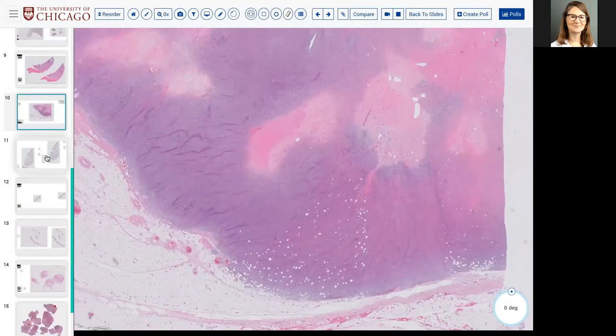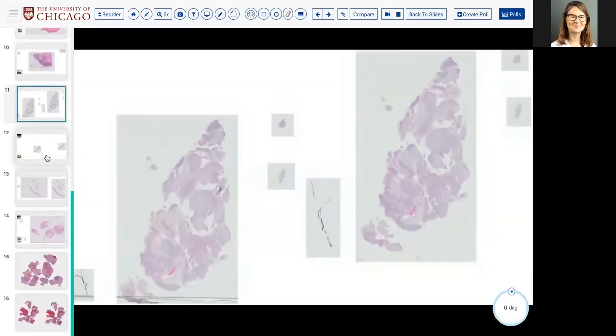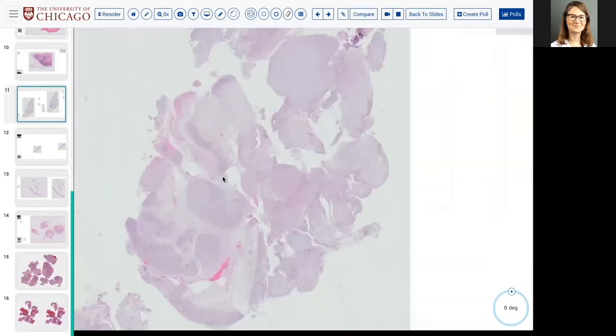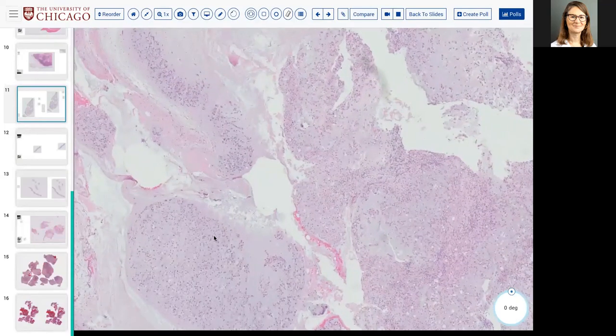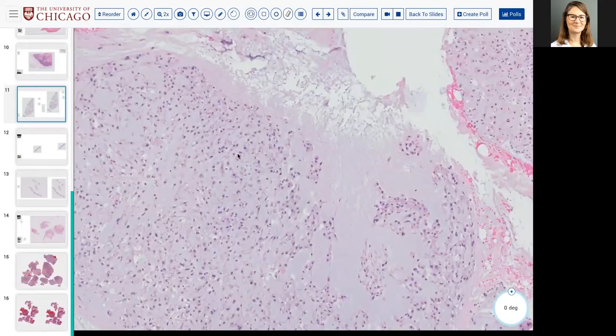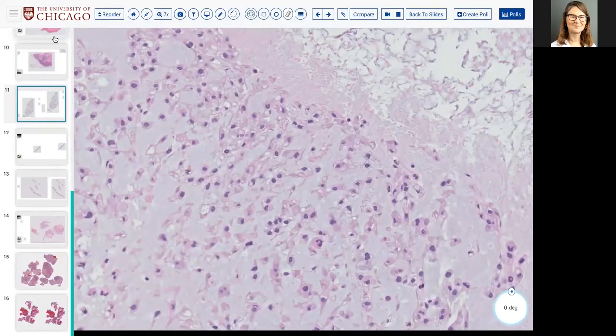Okay. In the last 5 minutes, our pattern is now migrating, but I'm going to argue we now have the differential again of something plump with a myxoid background.